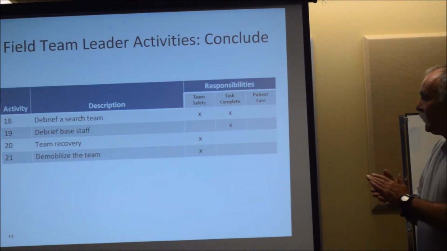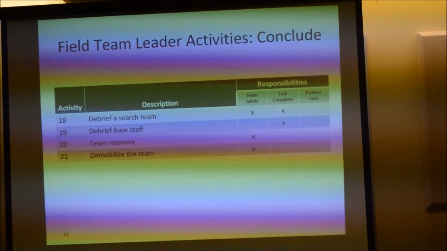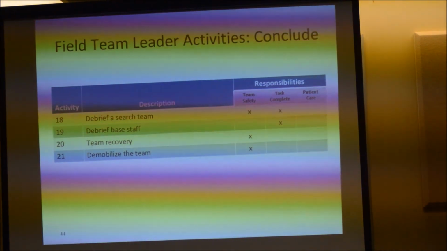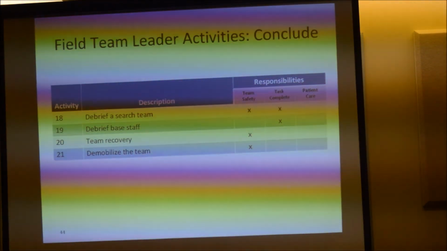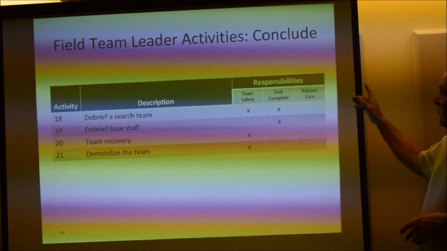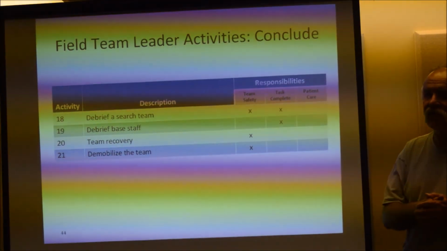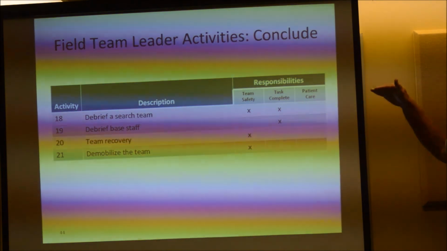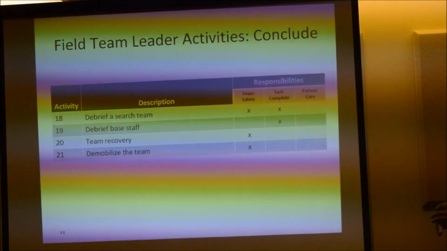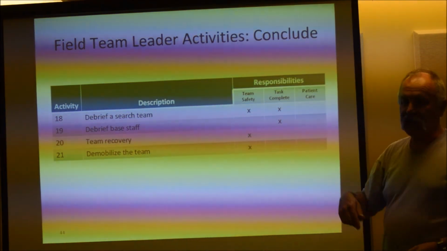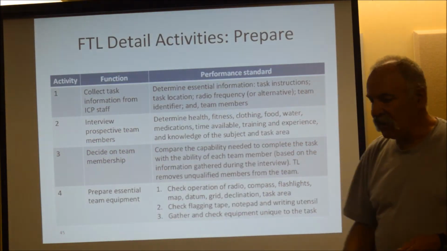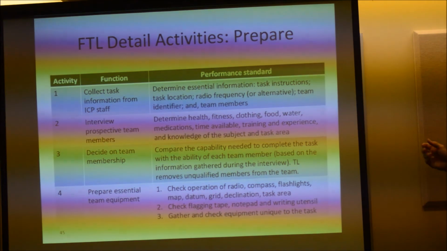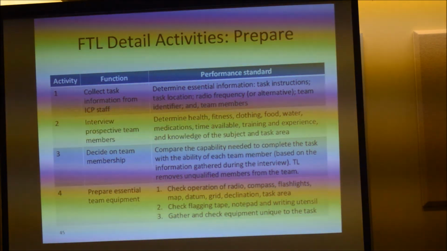Again, we talked about this. We've got these numbers, there are 21. There's also a set for rescue, which is slightly different than this. But the idea of this is to give you an example of the activities that you can evaluate against and how they connect to your responsibilities as a team leader. So this is in more detail. I'm not going to go through this.